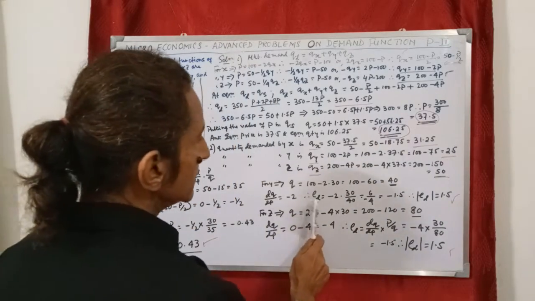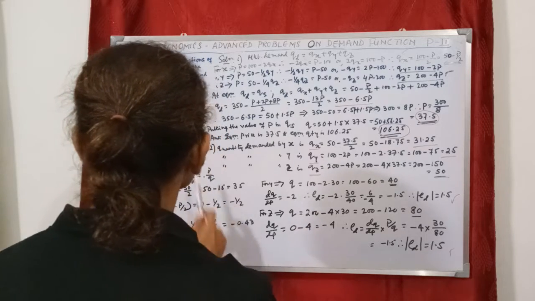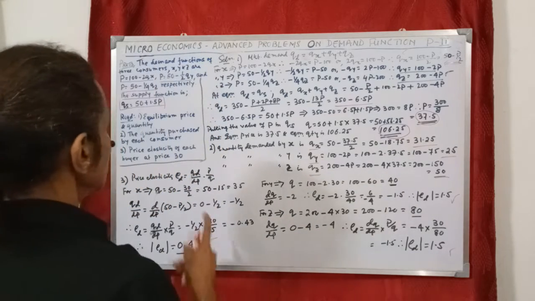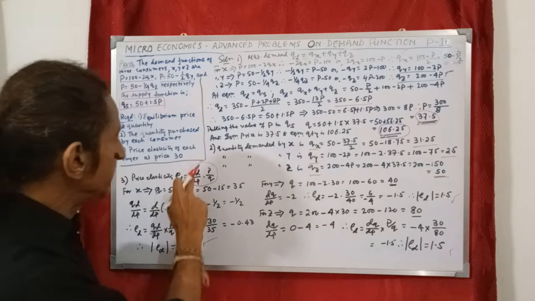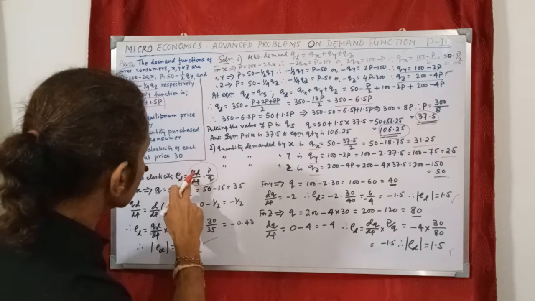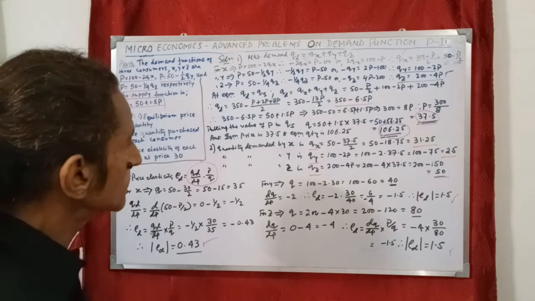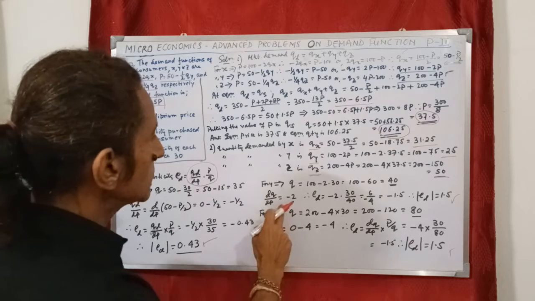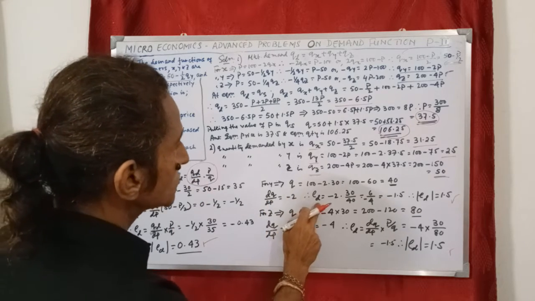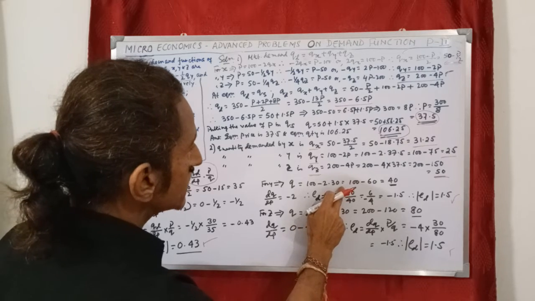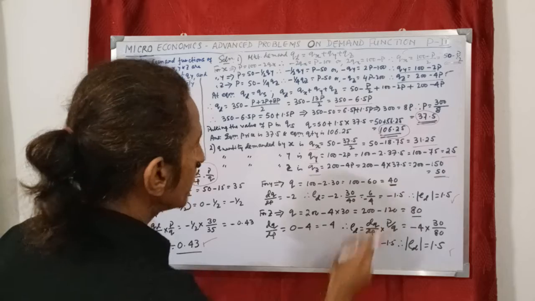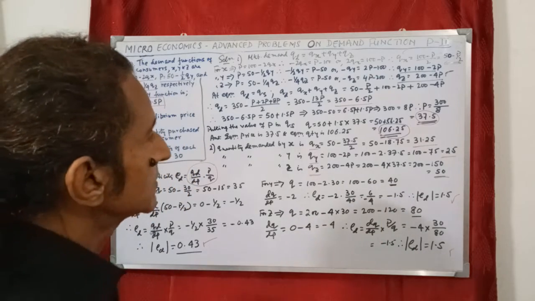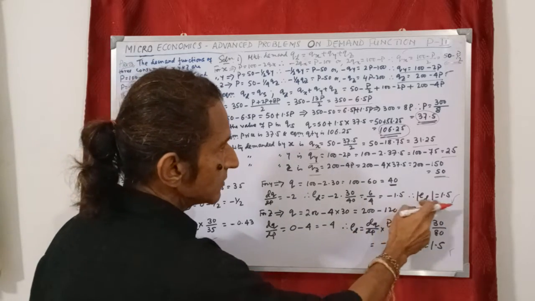ED equals dQ/dP into P by Q. So we have found out ED equals minus 2 into P, which is 30, and quantity demanded is 40 by individual Y. So we get elasticity 1.5.